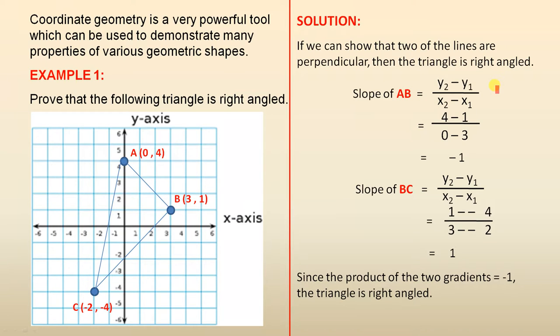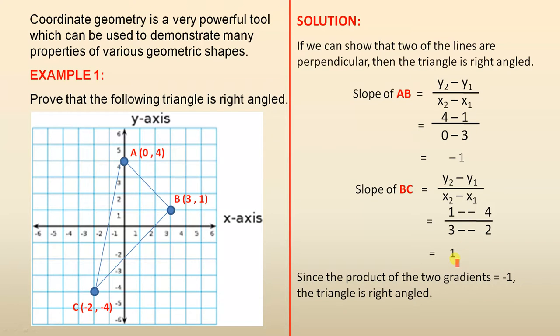So the slope of AB, as we remembered from previous videos, is y2 minus y1 over x2 minus x1, which is 4 minus 1 over 0 minus 3, and that's negative 1. So the slope of AB is negative 1. Now let's look at the slope of BC, which is from there to there. Similar formula. So it's 1 minus minus 4 over 3 minus minus 2.